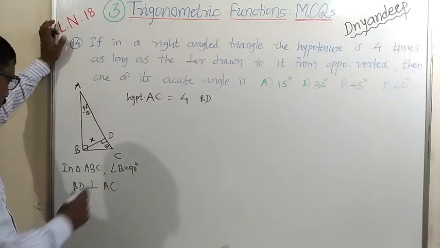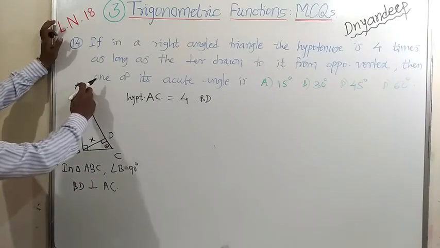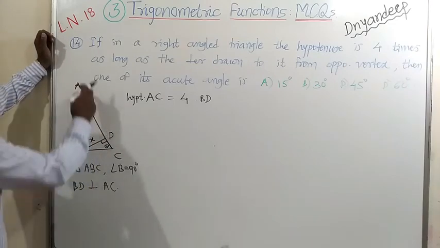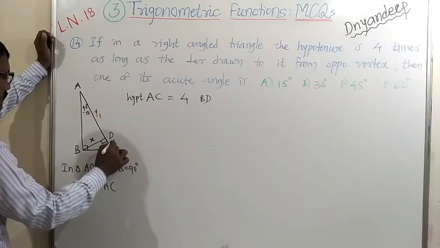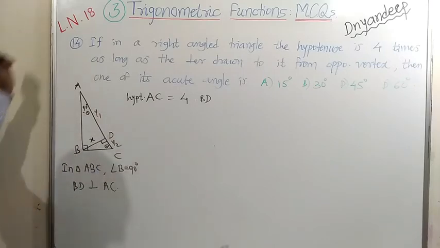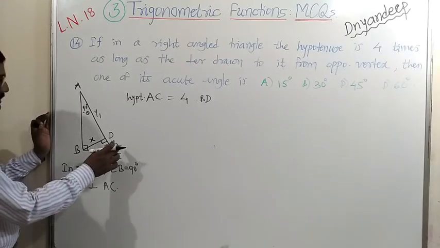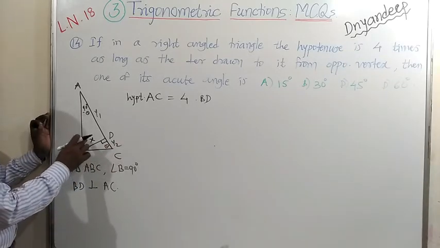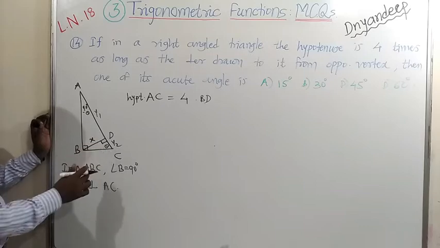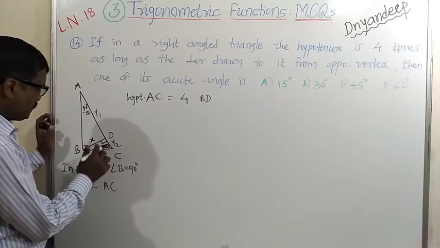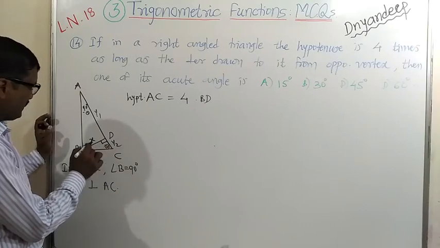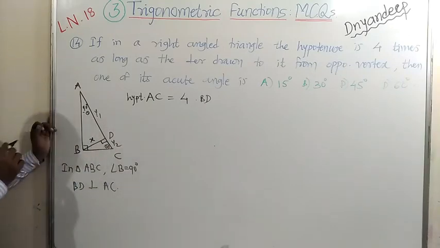Okay. So consider the length of AD as y1 and DC equal to y2. Then we can write the length of y2 in terms of x using this angle theta. This angle theta is here. So for angle theta, y2 is the adjacent side and x is the opposite side.